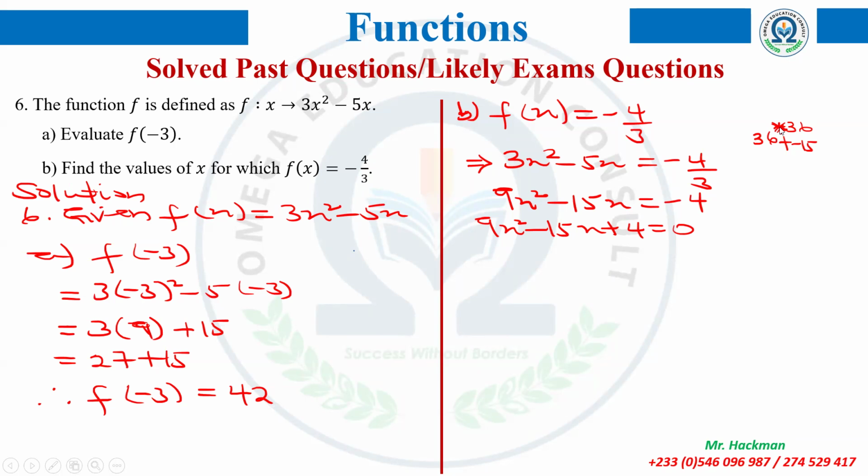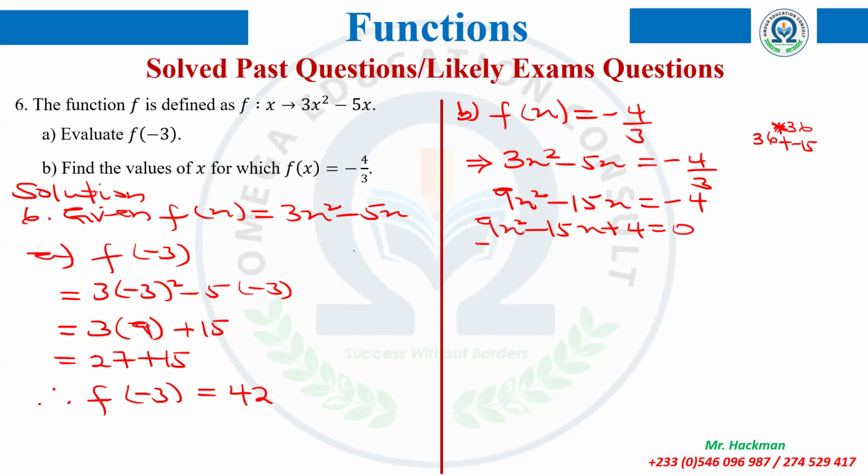But if both numbers are positive, your product is positive anyway, but your sum will not be negative. So the only option is that the factor pair are both negative, so that when you multiply, you get a positive result, and when you add, you get a negative result. And you said -12 and -3.